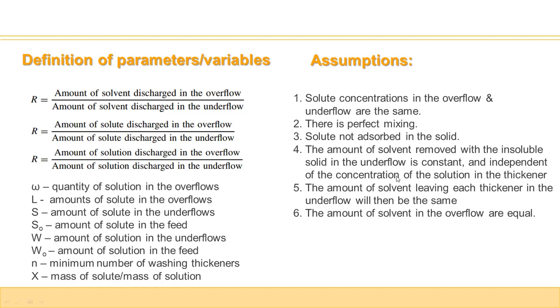If this is true, then this would also hold true. The amount of solvent leaving each thickener in the underflow will then be the same. So if the solid is fixed, then the amount of solvent present together with your solid in the underflow for each of your thickeners should be the same or equal. And then the amount of the solvent in the overflow are equal.